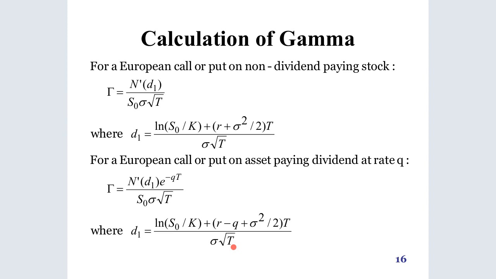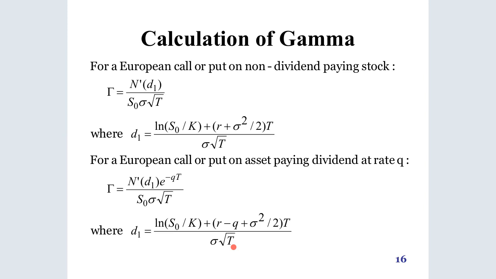I'm not going to do the differentiations. But if you look at it, for a put or a call the gamma is the same. For a non-dividend paying stock, it is N prime of d1 divided by all of that, where d1 is exactly what we had earlier. And what is N prime? N prime is the partial derivative of N, which is the density function.